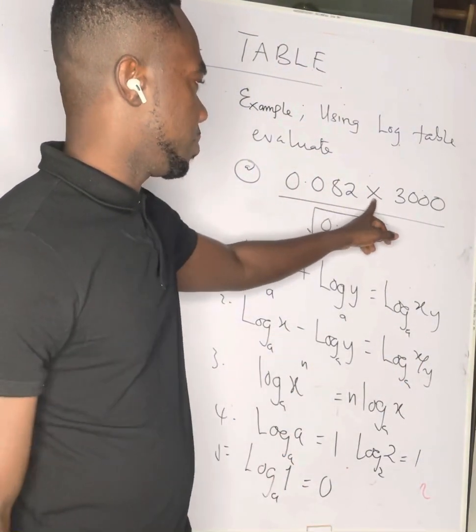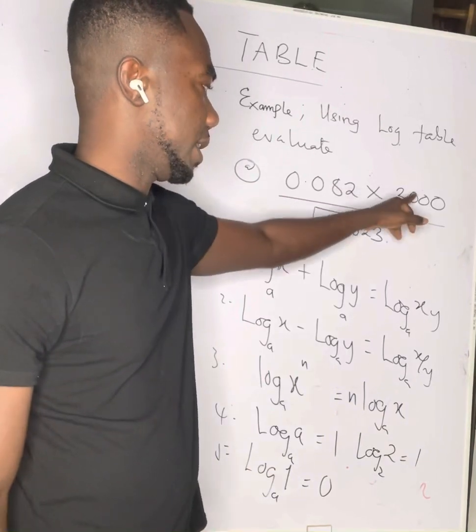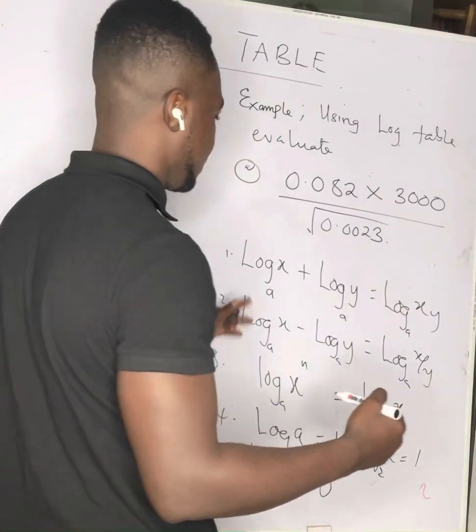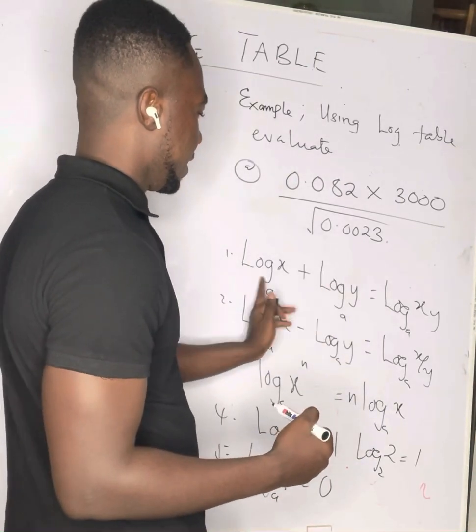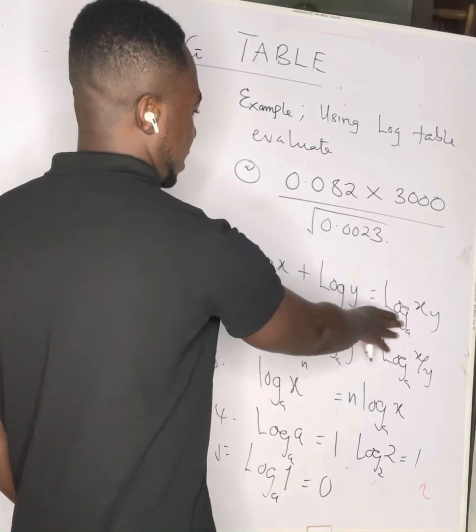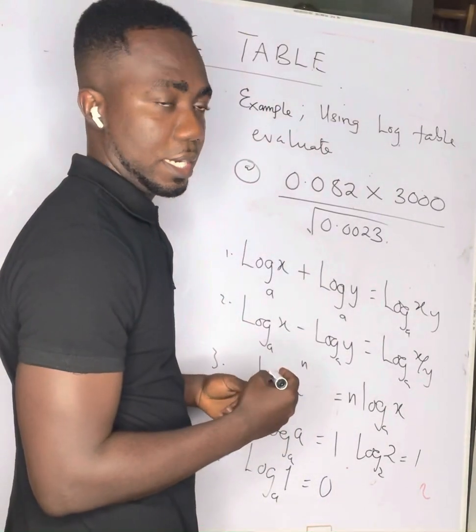As you can see, this is multiplication, this is multiplying that. It means it came from the first property, which says that when you have two logarithm values adding with the same base, factorize the log out, then you multiply the numbers.